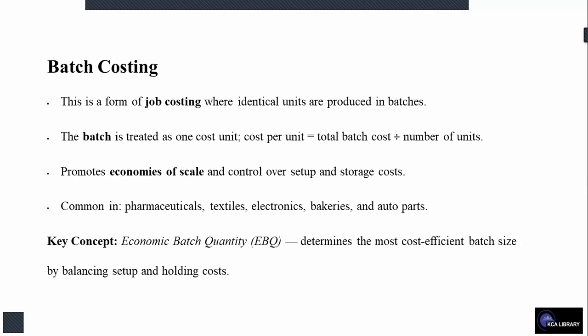It's common in pharmaceutical, textile, electronics, bakeries, and auto parts industries. Key concepts include the economic batch quantity, EBQ, which determines the most cost-efficient batch size by balancing setup and holding costs.